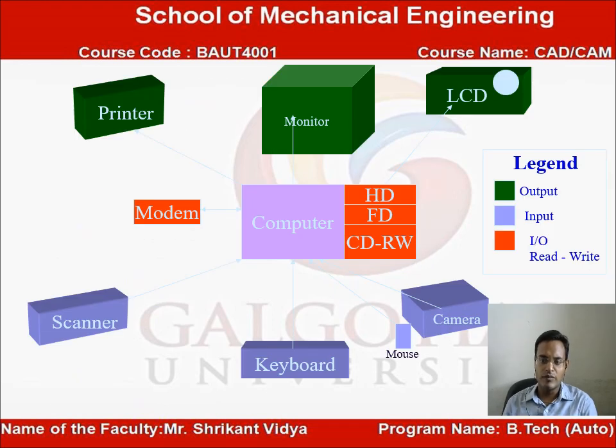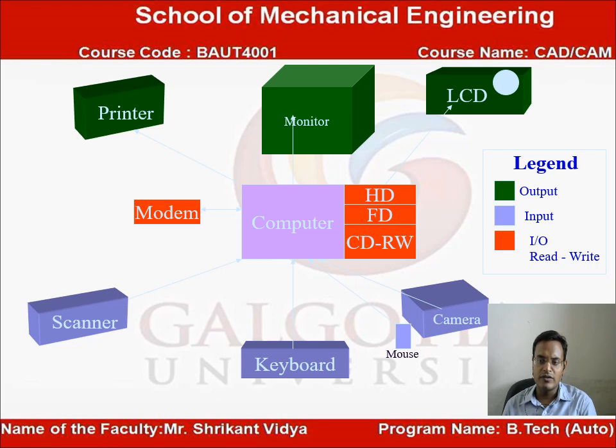In the summary diagram you can see the computer, printer, modem, scanner, keyboard. In the legend you can see the green color is the output device, blue color is the input device, and red color is the reading or writing device. The output devices are printer, monitor, LCD.